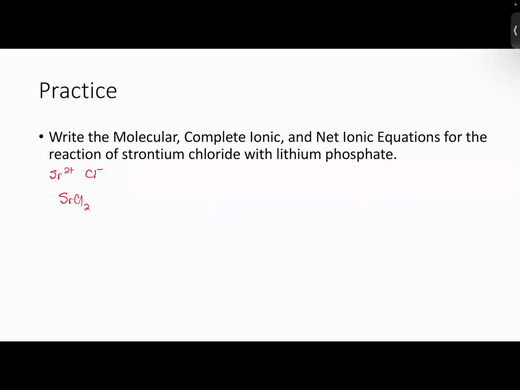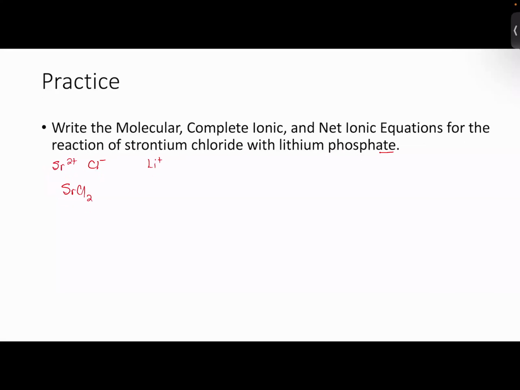Lithium phosphate. Lithium is Li+. We know it's Li+1 because lithium is in group 1. Phosphate, with the ending -ate, tells me that it's a polyatomic, and it is the polyatomic PO4 3-.